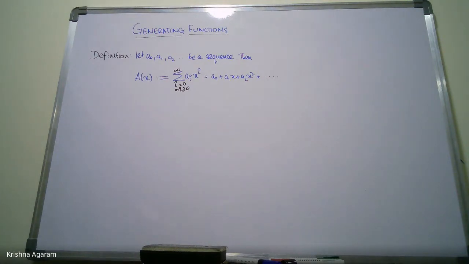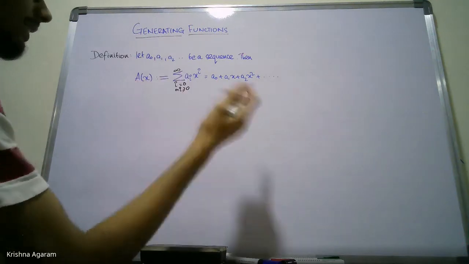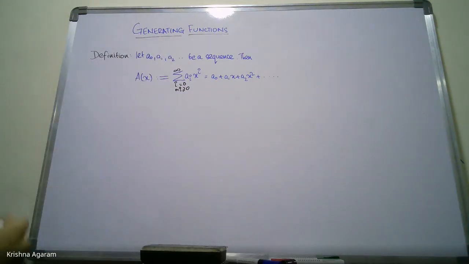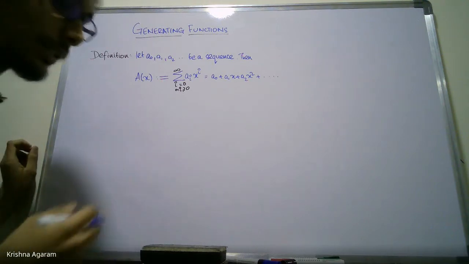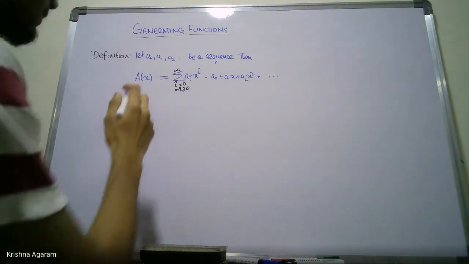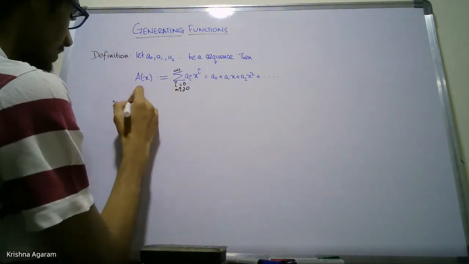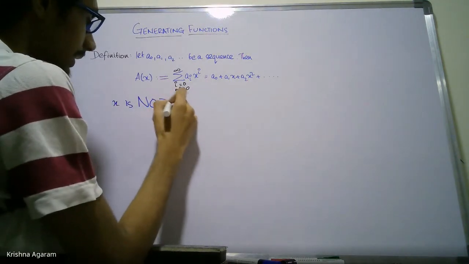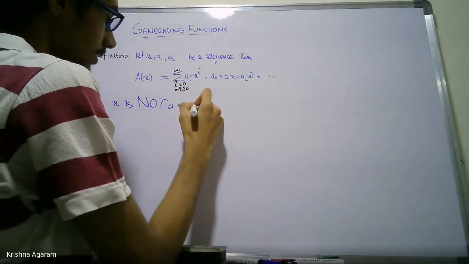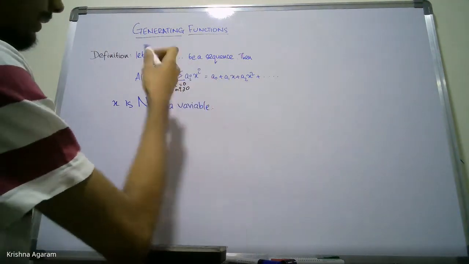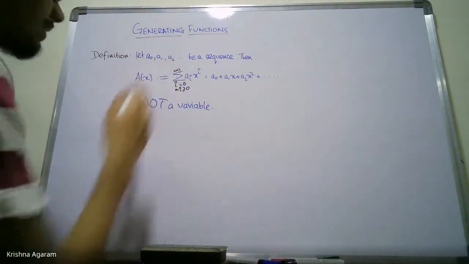Okay, so this is how it's defined, the generating function of this sequence. One main thing is that polynomial rules apply. So x is not a variable here. It's just a placeholder for the coefficient for the elements of the sequence.